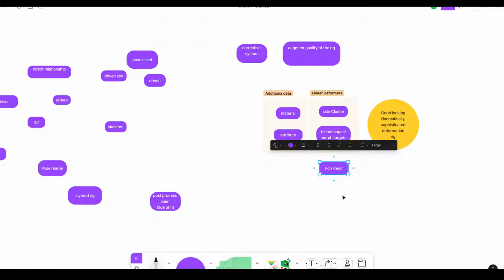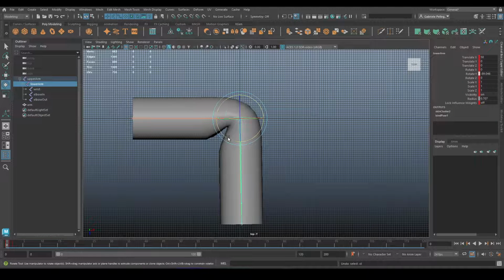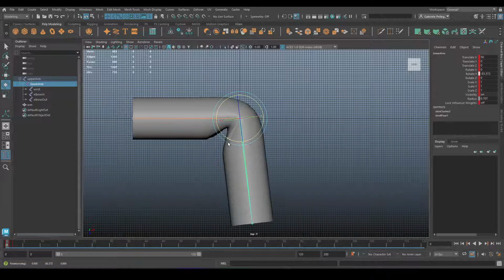When you're smiling, you're pushing the cheek, or there is a slight delay in the flesh, or maybe when you're rotating the bone, there's a slight delay on where the muscle is pulling. So it feels like there is a structure under the hood, a muscle here and there. That's why I'm saying the best result you can get is by combining these two deformers together.